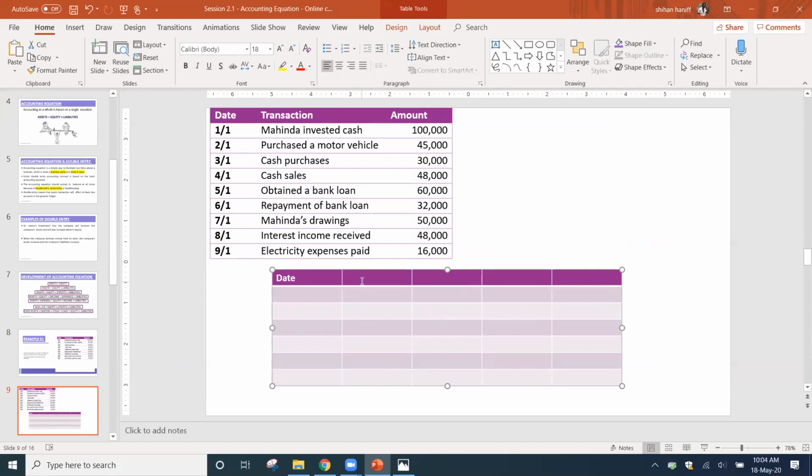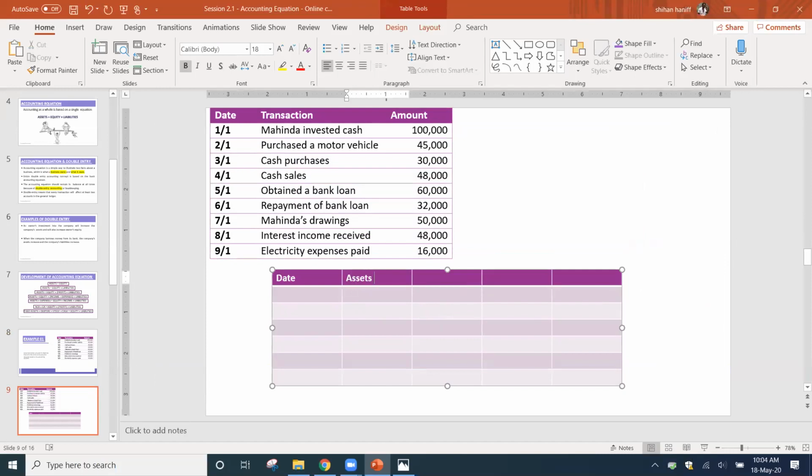The accounting equation we are going to use is assets equals capital plus liabilities.